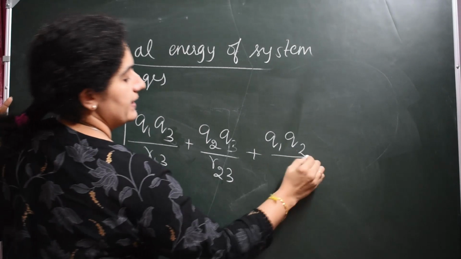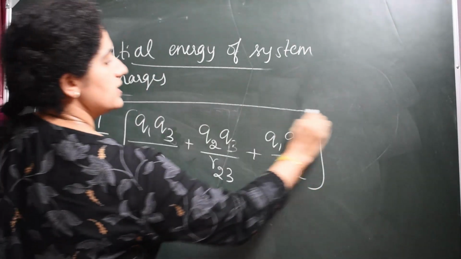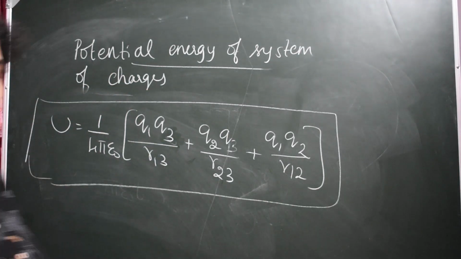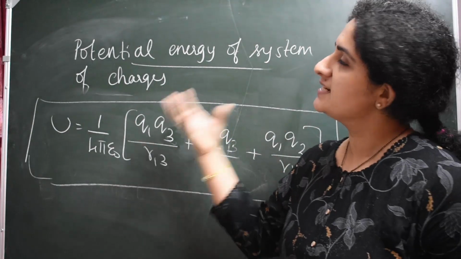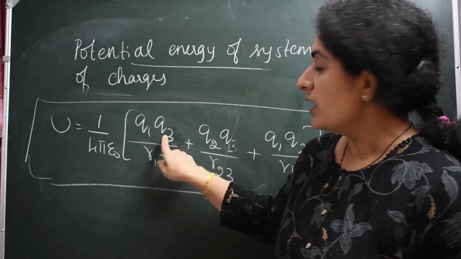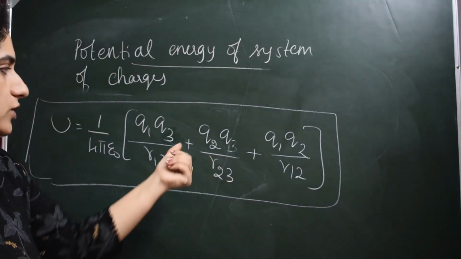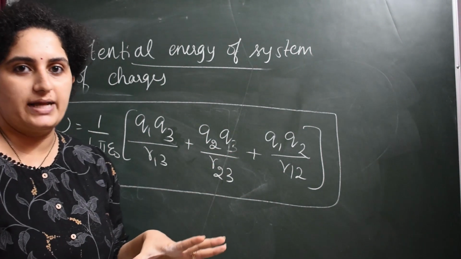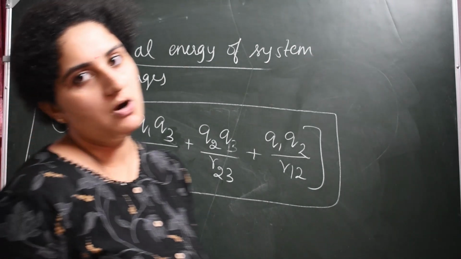So this is the total potential energy of a system of charges where we consider 3 charges. It is a simple one. First consider the total potential, then the work done is the charge you are bringing into the total potential. So if you are bringing Q3, Q3 into the total potential will give you the potential energy of the system of charges.